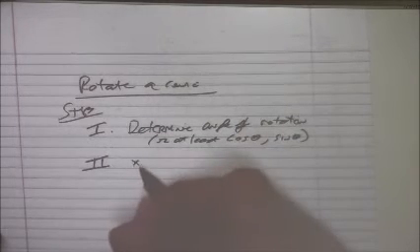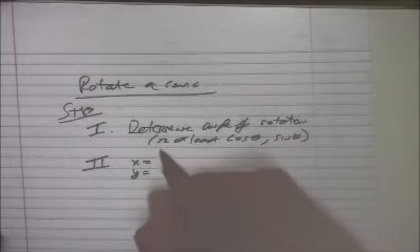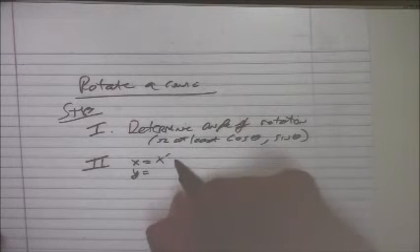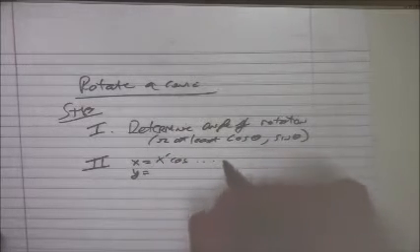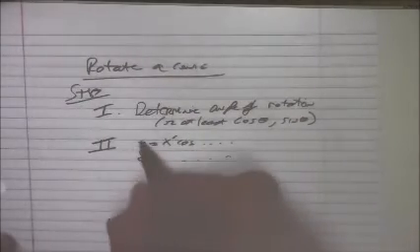That's because for the second thing, you need to do x equals and y equals for the x prime, cosine, etc. So I won't write it all out, just remind you that you're finding x and y.